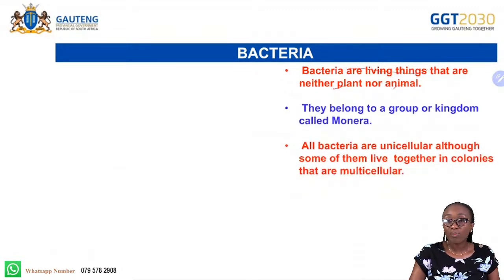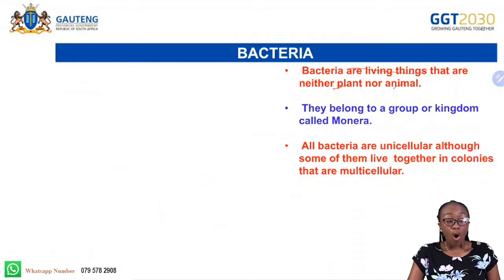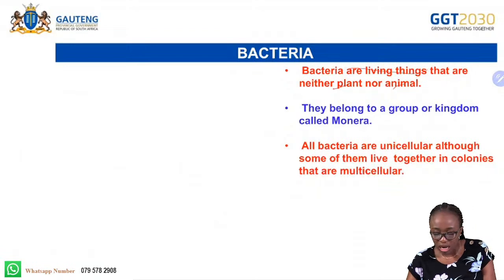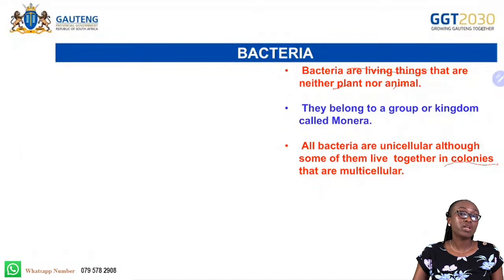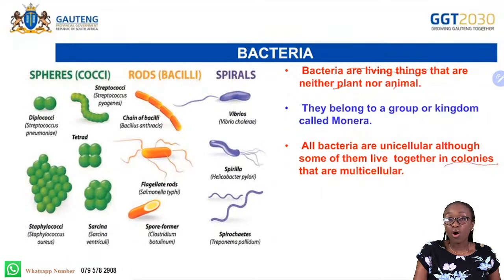All bacteria are unicellular, although some of them live in groups, and these groups are called colonies. We call a colony multicellular because it no longer has one bacterium, rather it has more than one.